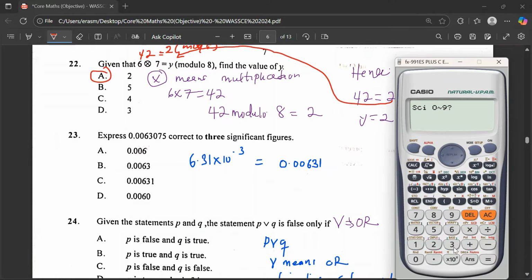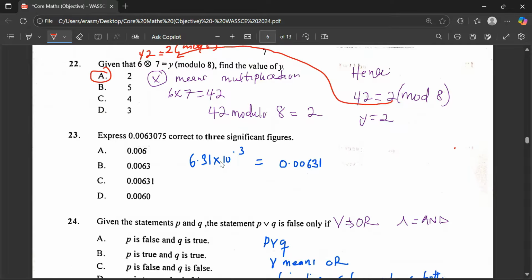We are going to enter 3, right? And then we are going to write this value, 0.0063075. Then press the equal sign. It says 6.31 times 10 to the power negative 3.